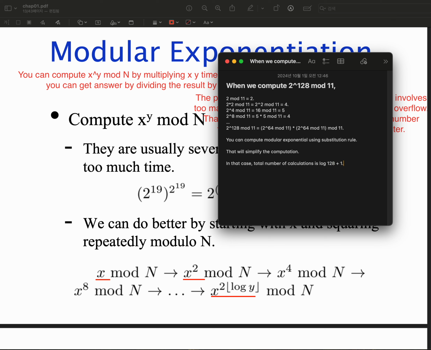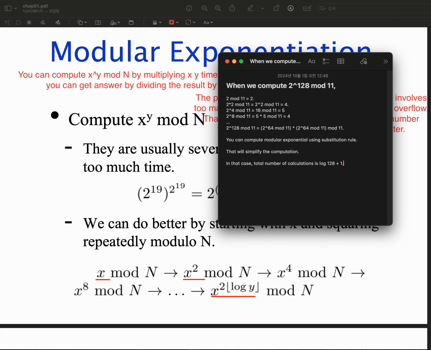So rather than in typical multiplication, where you have to multiply y times, that is 128 times, in this case the number of multiplications is simplified. It is just 6 or 7 times. That very hugely shortens the total execution time.